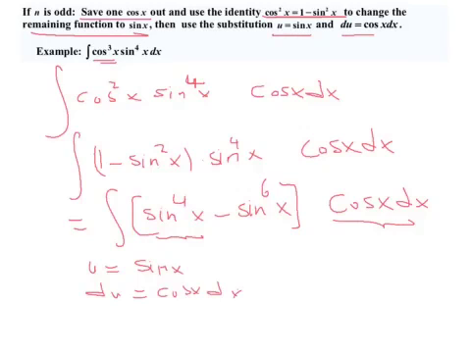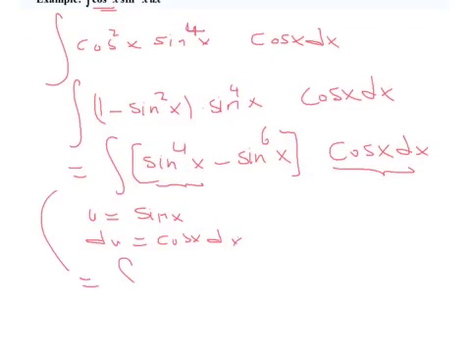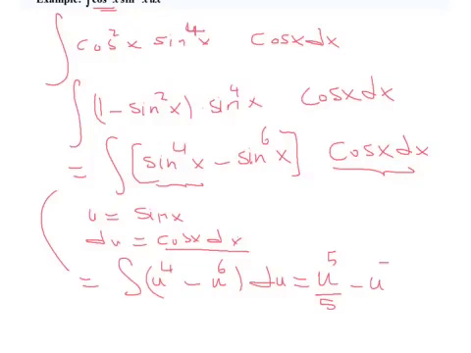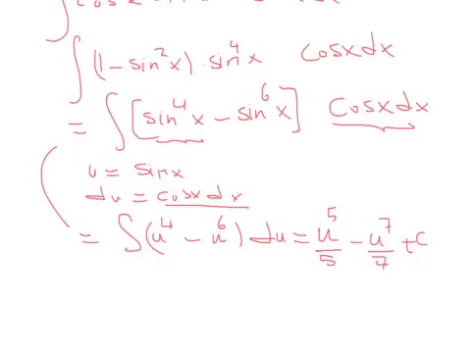So this integration will be like u to the 4, because u is sine, minus u to the 6, and cosine dx, which is du, which can be integrated very easily by saying u to the 5 divided by 5 minus u to the 7 divided by 7 plus constant, and then replace u by sine. So this is sine 5 x divided by 5 minus sine 7 x divided by 7 plus constant.